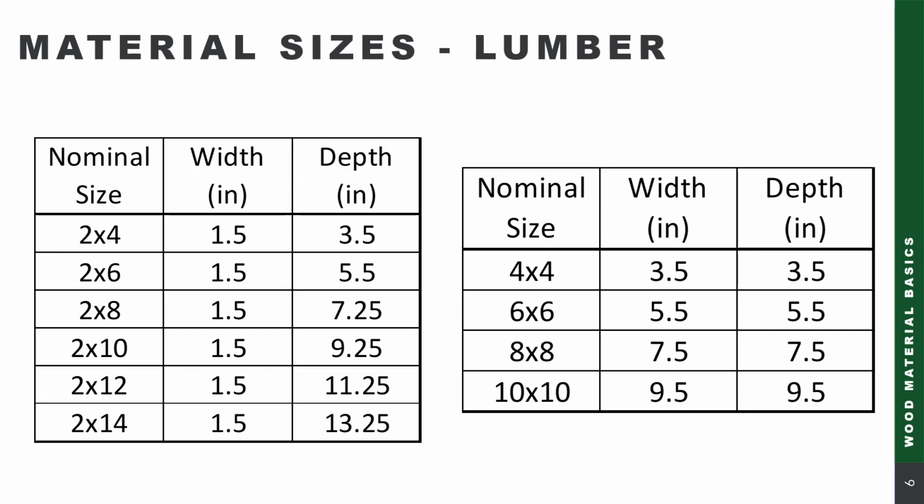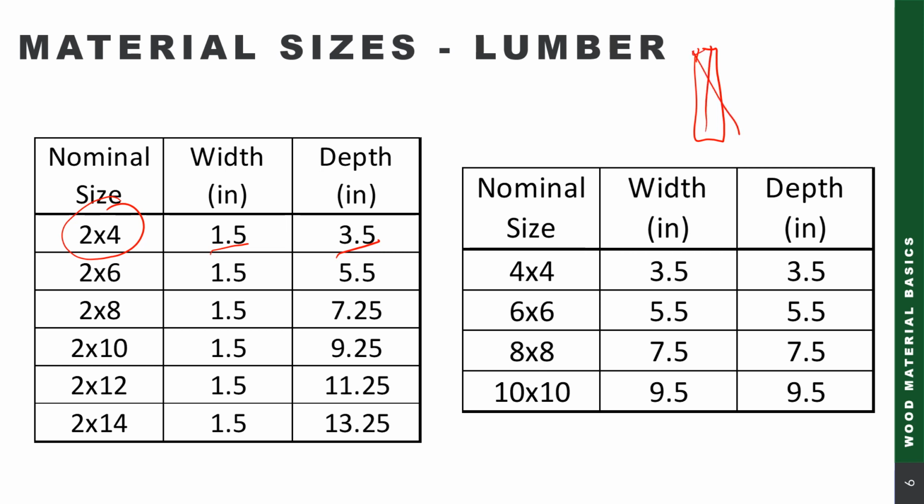Below is a listing of typical dressed or sawn dimensional lumber sizes. So first example, if we have a 2x4 shown right here, the actual dimensions are going to be 1.5 by 3.5. And in this case, what would that look like? Let's say I had a 2x4.